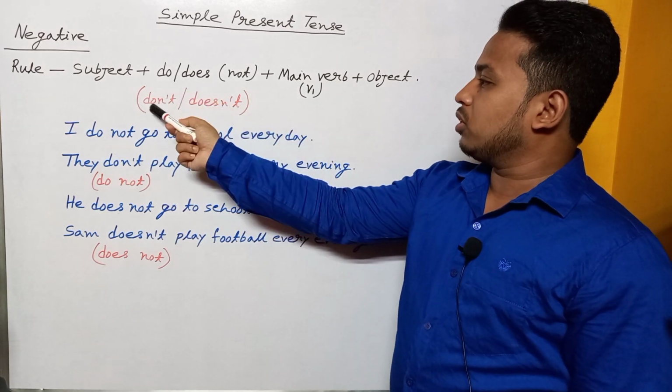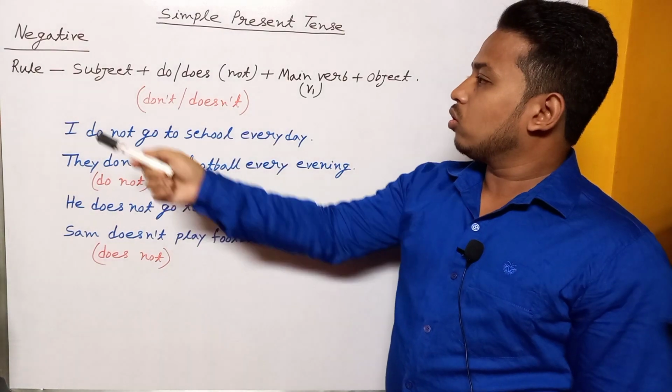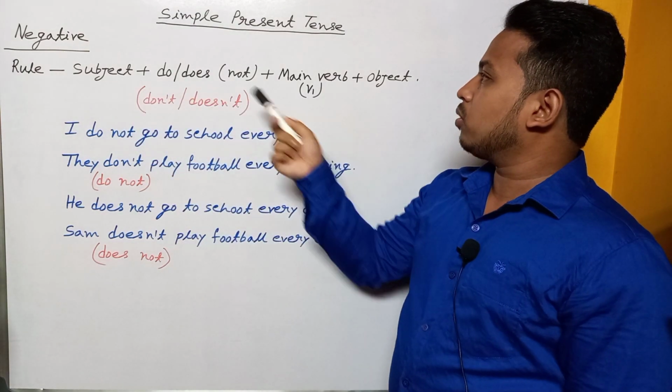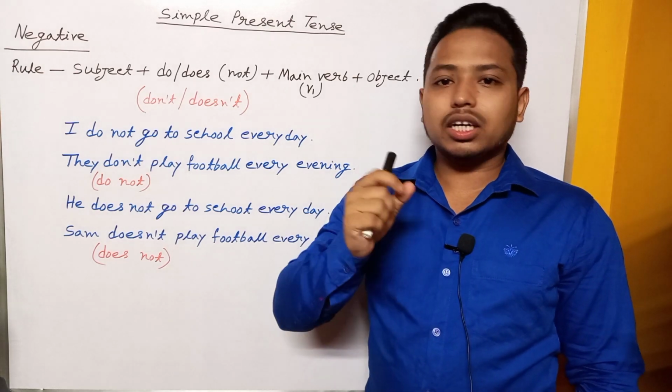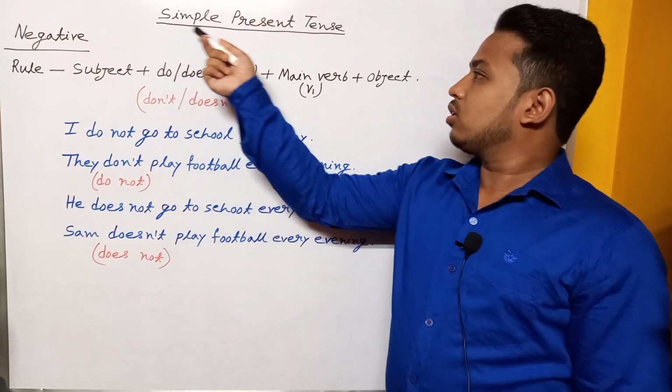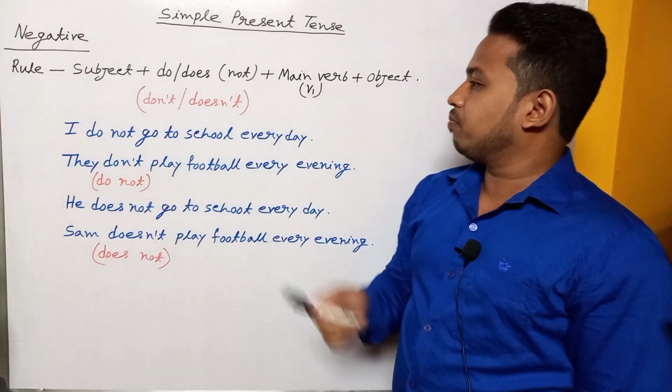Do not short form is don't, does not short form is doesn't. So it is a negative rule of simple present tense. When we want to make negative sentences in simple present tense, then we follow the rule.